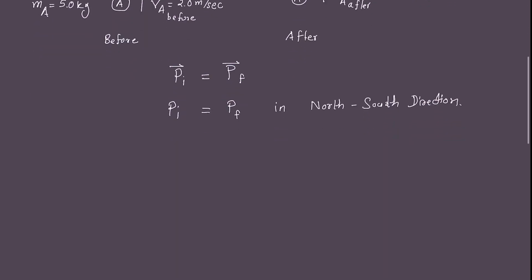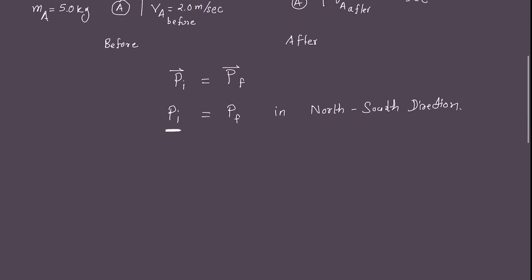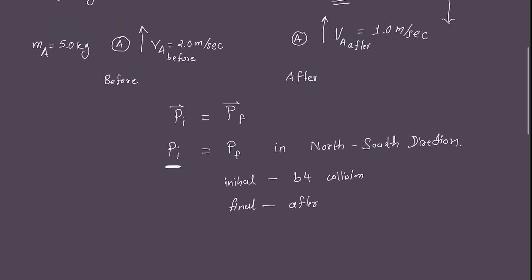Okay, so I need to just write down the sum of the momenta of the balls before the collision. So in here, initial means before collision and final means after collision.